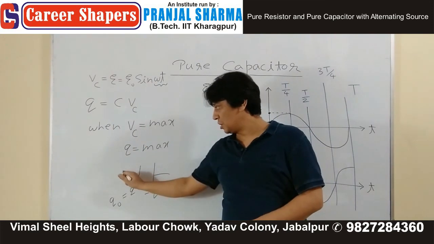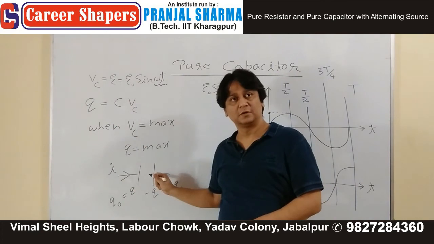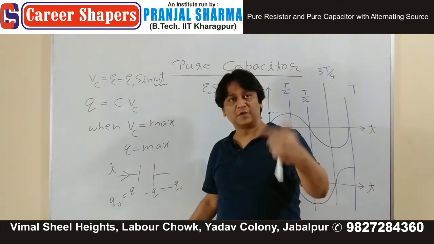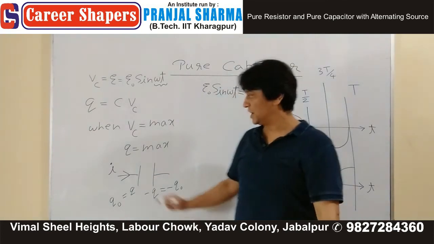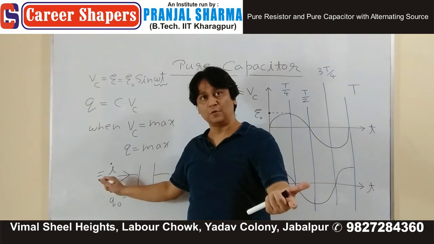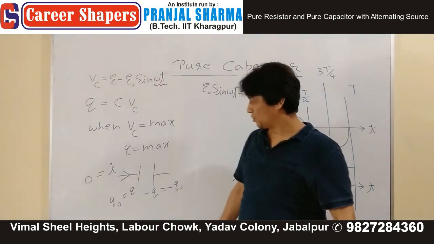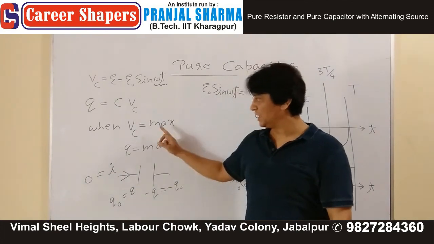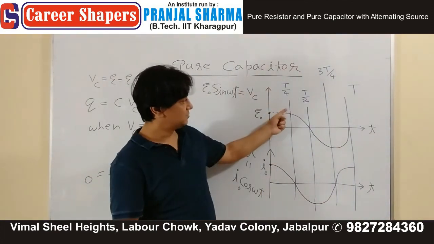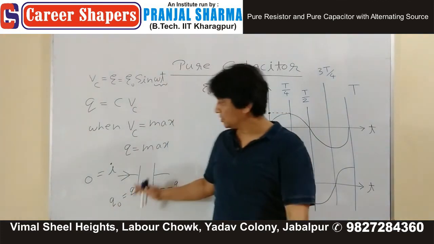So if it is not going to accept any charge, that means there will be no flow of charge. If there is no flow of charge, that means your I, rate of flow, there is no flow. So what is I? 0. So when charge is maximum, V is maximum, but I is what? 0. When V is maximum, I is what? 0. Do you understand this logic?